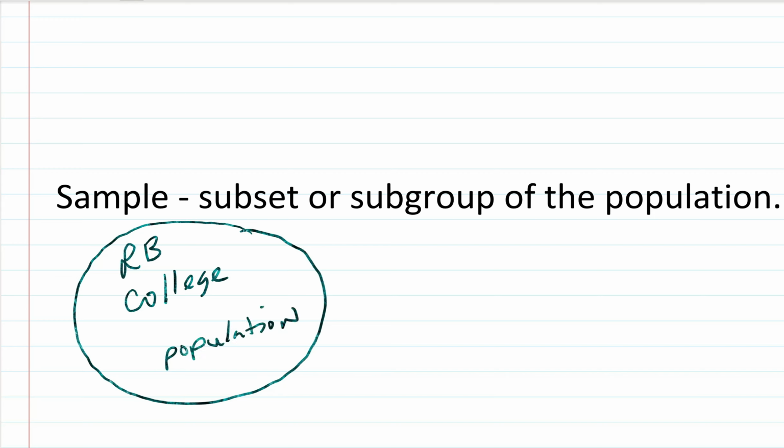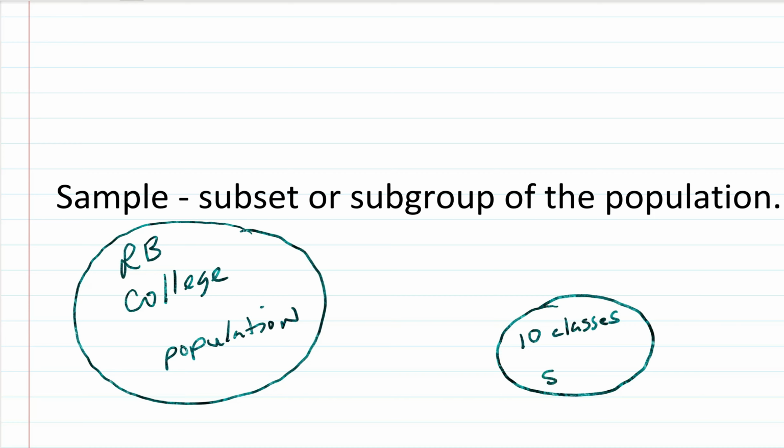So what I would do is find me a sample, which is the subset or subgroup of the population. So maybe I'll take a subset, which could be anything that represents the entire population. So I'll take, let's say, 10 classes, and they could be 10 random math classes.